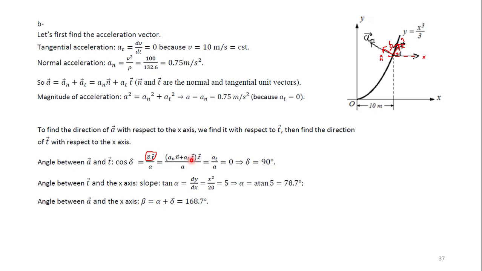The cosine of the angle between tau and tau is 0, so their cosine is equal to 1. Therefore, the numerator will be reduced to at. So cosine delta is equal to at over a.